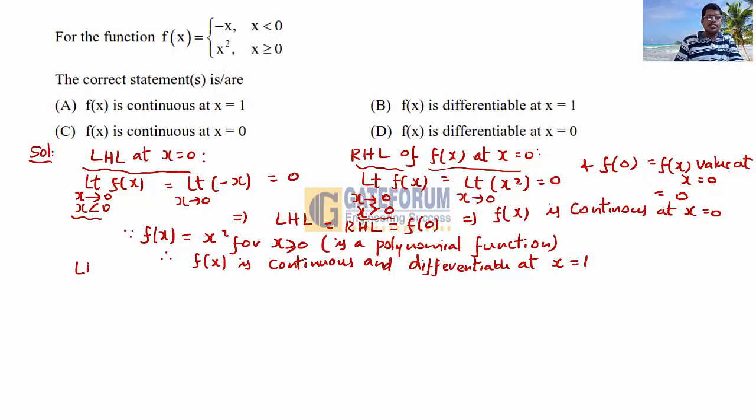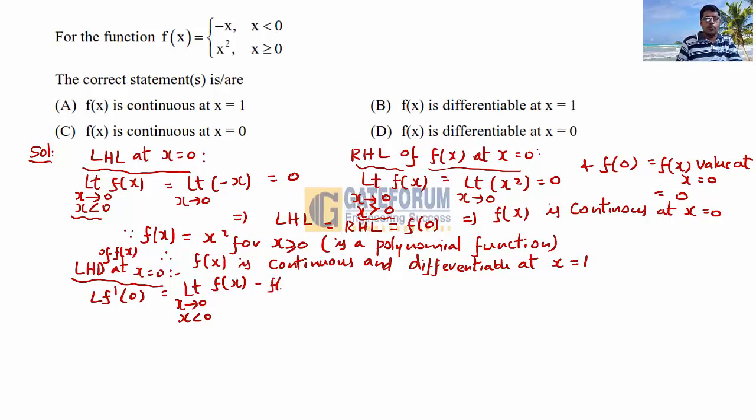So, LHD, left hand derivative at x is equal to 0. This is the left hand derivative of the function f of x at x equal to 0. What is the notation? L f dash, that is limit x tends to 0 minus, that is x tends to 0 with x less than 0, of f of x minus f of 0 divided by x minus 0.